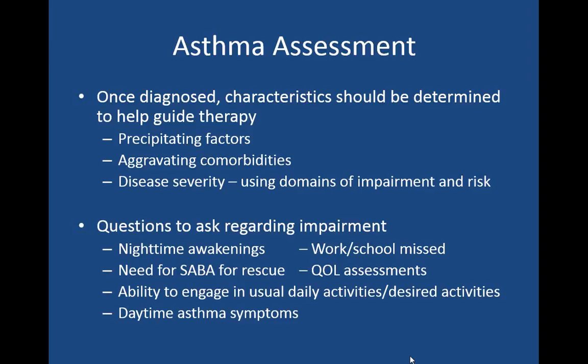And so they may not even correlate those things, because it may be that a kid's having uncontrolled asthma at night and they're just a bear in the morning because they don't sleep well at night, and then mom lets them stay home because they're grumpy or whatever. And they may not even correlate that's related to asthma. So some of these things you really have to ask very clear questions, and questions that you would think would be no-brainers to some of the patients, to really help identify symptoms that are coming from their asthma.